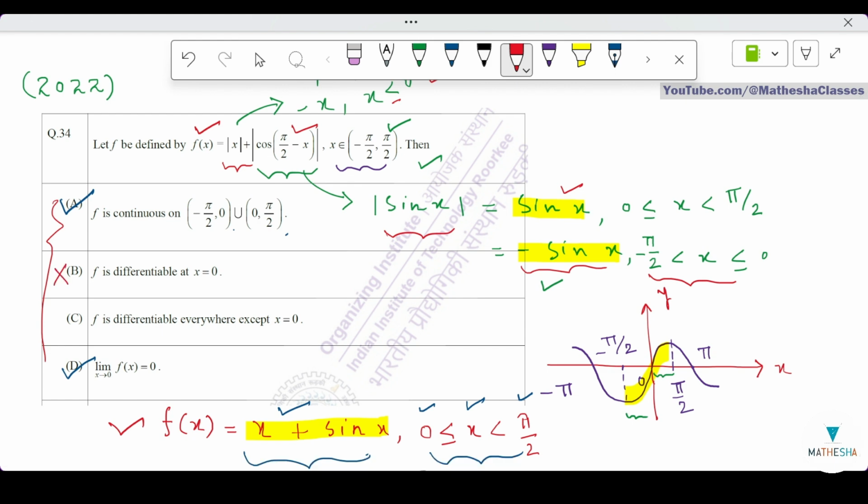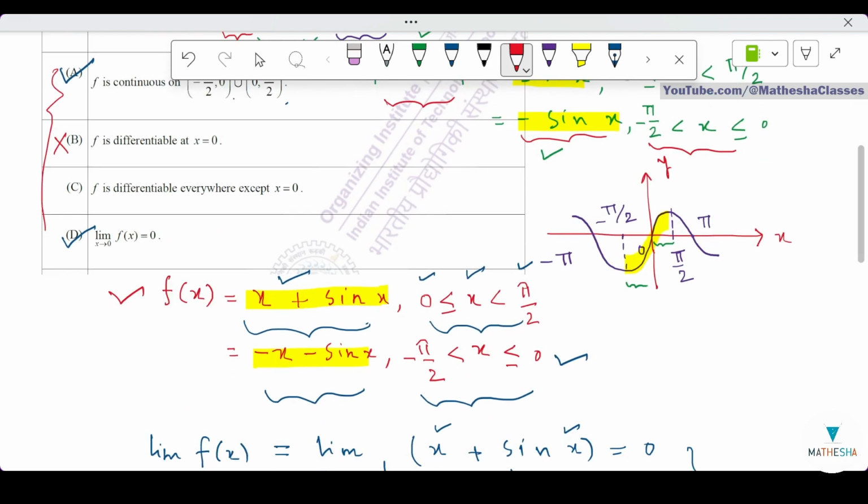But looking at the expression of f(x), everywhere other than 0, f is differentiable, because when you are considering things on the right of 0, you are using the expression x plus sin x, and that is differentiable. And when you are considering things on the left of 0, you are using the expression minus x minus sin x, and that is differentiable too.